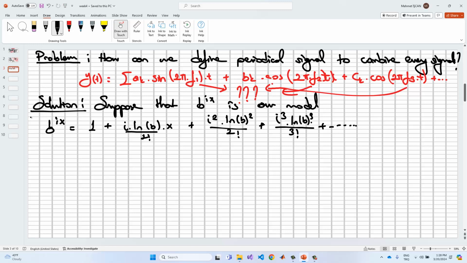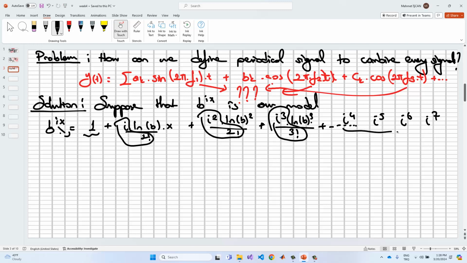But i is a special operation here. i gives us periodicity. This is the first term, second term, third term, and fourth term. After that we have i to the 4, 5, 6 and 7, and these are also periodic.